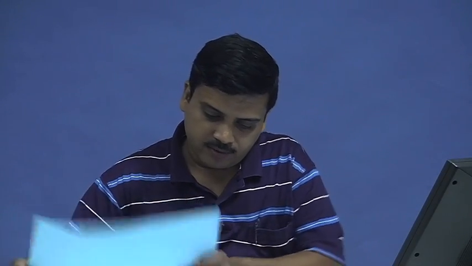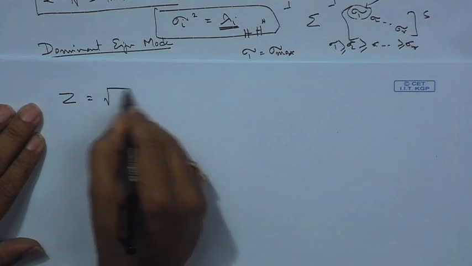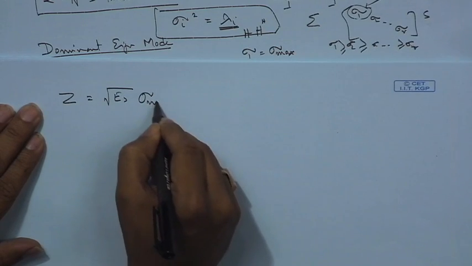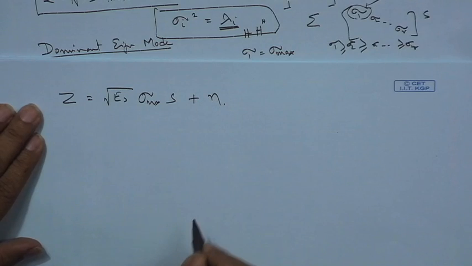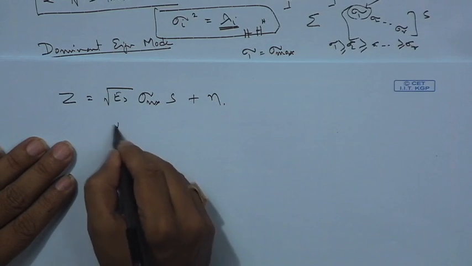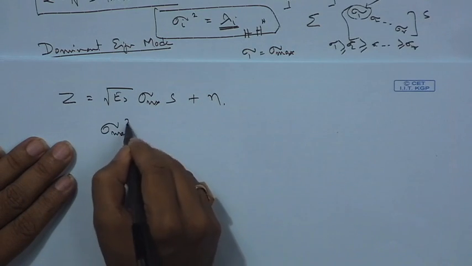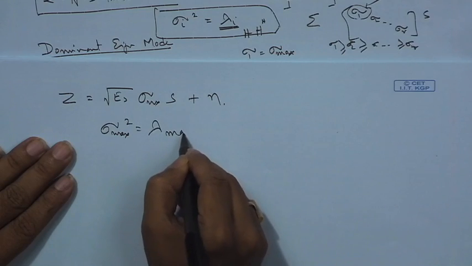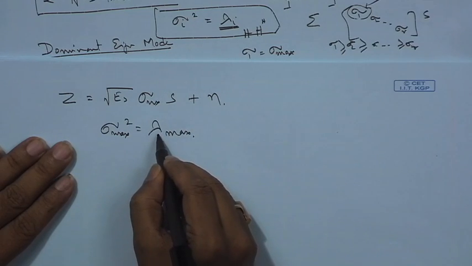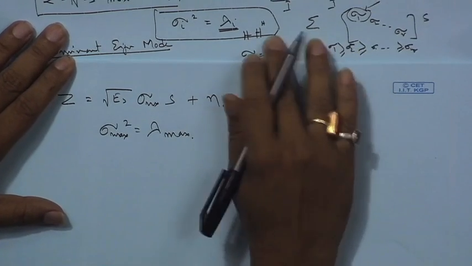So, from this what we have is the received signal Z is equal to root over ES sigma max S plus the noise, and of course, we remember that sigma max squared is equal to lambda max, where lambda is the eigenvalue of H Hermitian H, which is evident here.